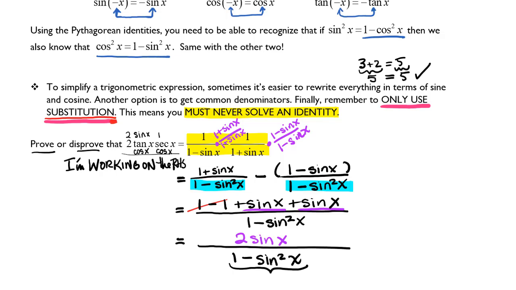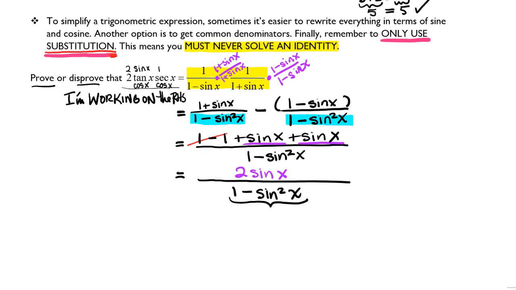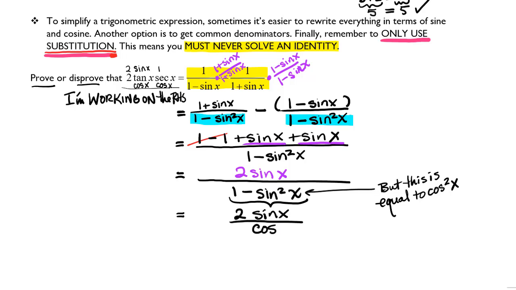But what do we know about our Pythagorean identities? We know that 1 minus sine squared x is equal to cosine squared x. So I can take what I know and I can say, but this is equal to cosine squared x. And then I do a substitution where I have 2 sine of x over cosine squared x.